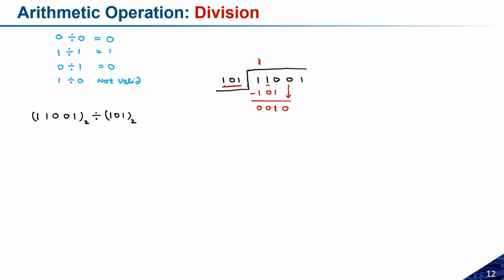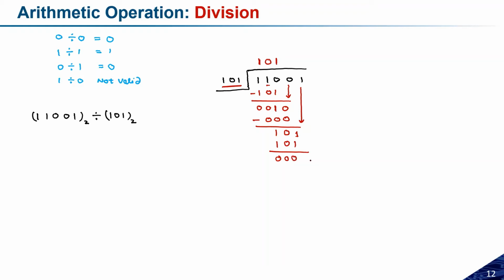So I have to take the next digit down. Then we do this and subtract, and the number becomes 1 0, and then again I have to carry forward. 1 0 1 times 1 1 0 1, and then we are getting 0 0 0.